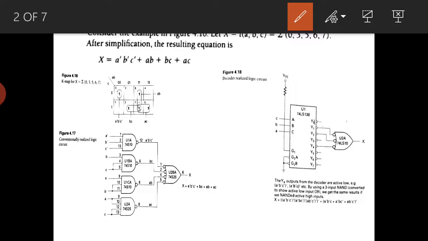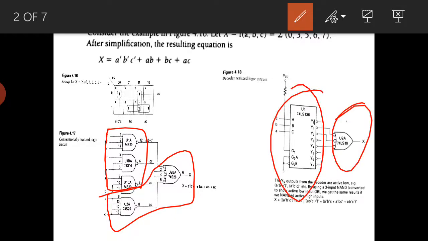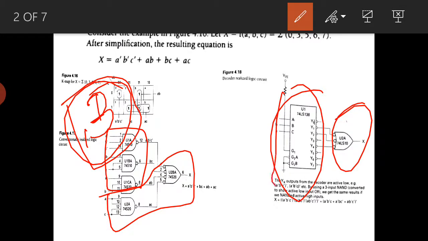For example, here I am using two ICs, one is a decoder and one more is an OR gate. But if the equation is such that basic gates take more time and more ICs, for example 3 ICs, the same thing we can implement by using only a decoder and some basic gate, with 2 ICs.